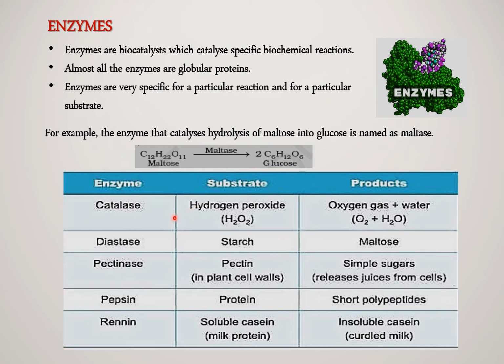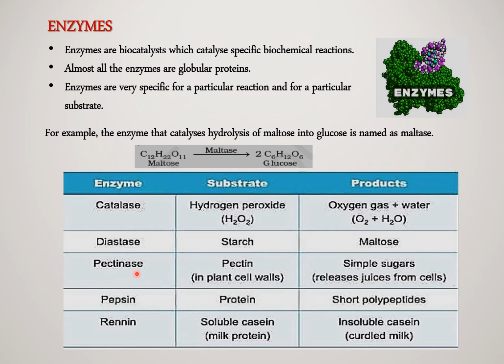When we list the enzymes and give them their names, the nomenclature is done by adding the suffix "ase" to the name, depending upon the class of the compound or the compound on which the enzyme works.